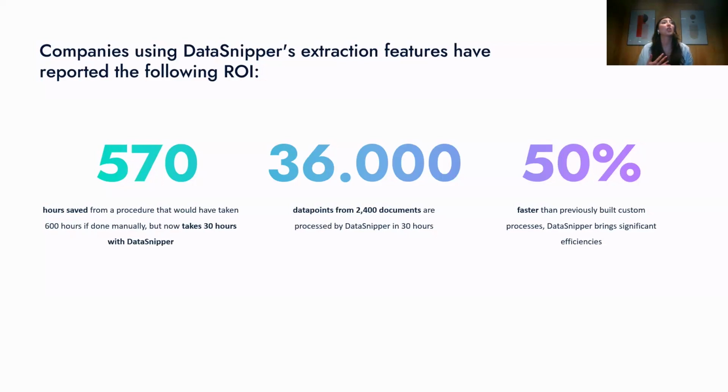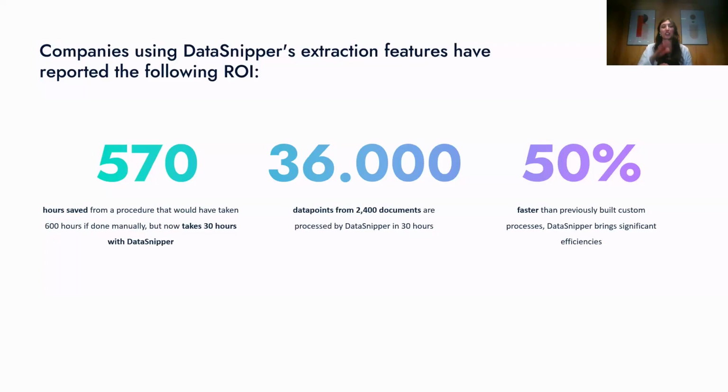Here, I'd also like to show some metrics that show the true impact of Data Snipper's extraction features. A client reported that they saved 570 hours from a procedure that would take them to do manually, but now takes 30 hours with Data Snipper. If you want to read more about this, go to our website.